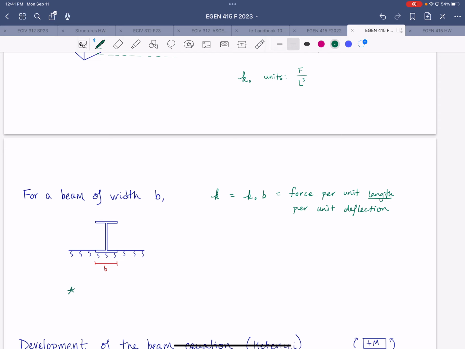So the application then would be for beams or any other line elements.